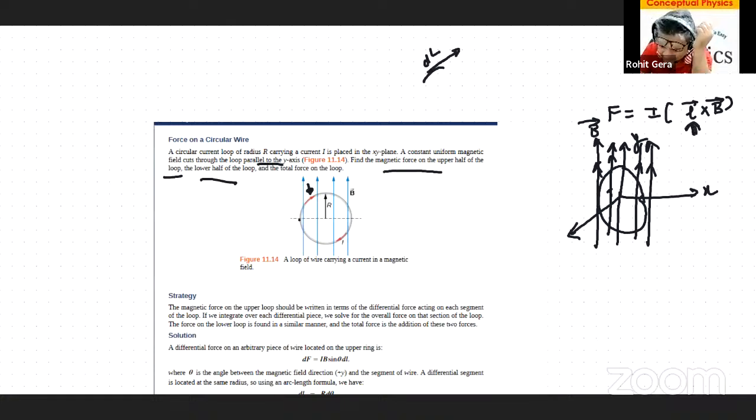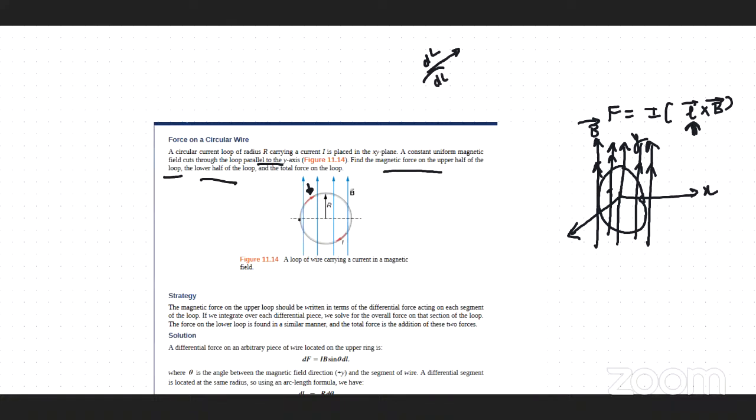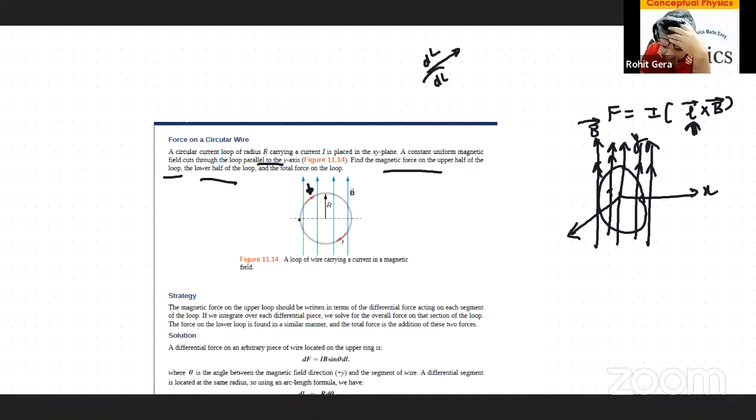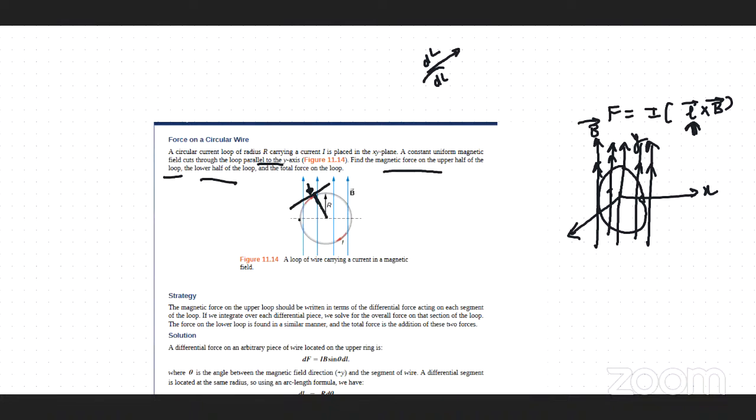What you have is a dl available. And dl may be making some angle with the, for example, I consider this dl, very small length, and dl has its own vector, and since it's a tangent, it shows up like this, 90 degree. Right.